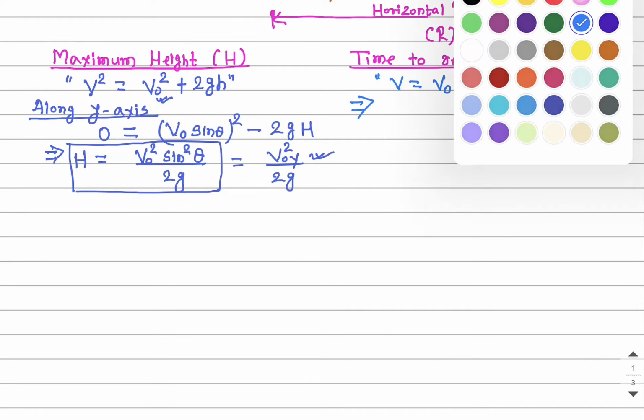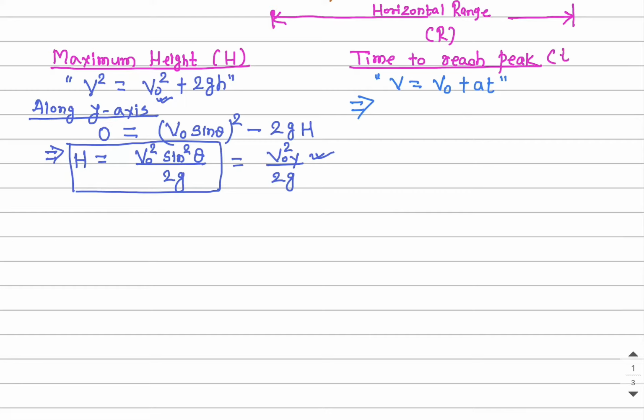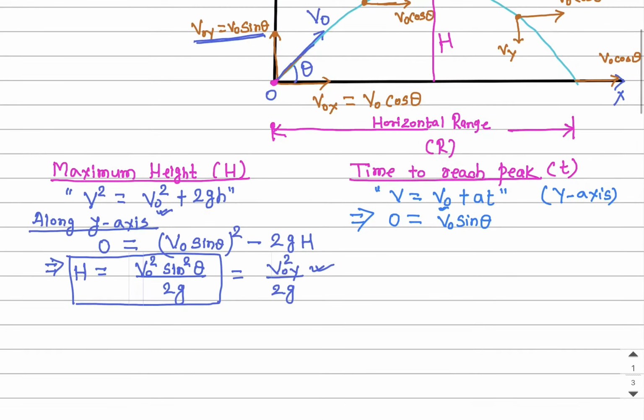Let me write down one thing here. This is the time, and here we're talking about the vertical motion. So this velocity is along the y-axis, or the vertical motion. At the peak, the vertical velocity is 0. Now this velocity is the initial vertical velocity, which is v0 sine theta, because we already calculated this.